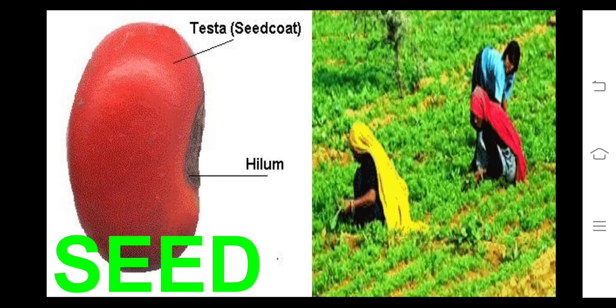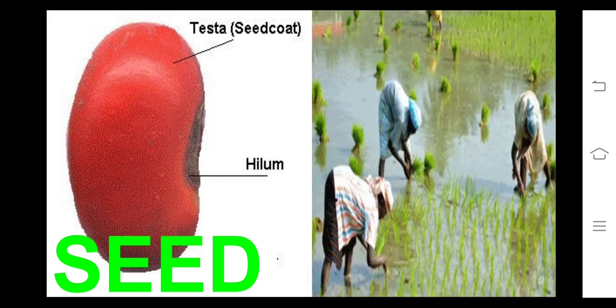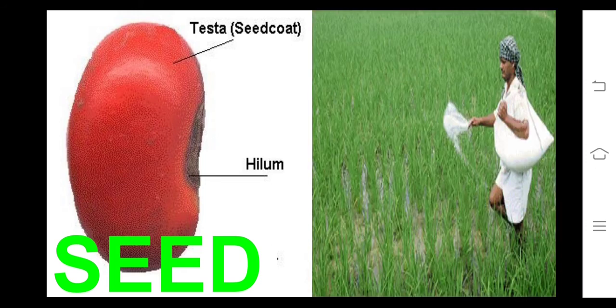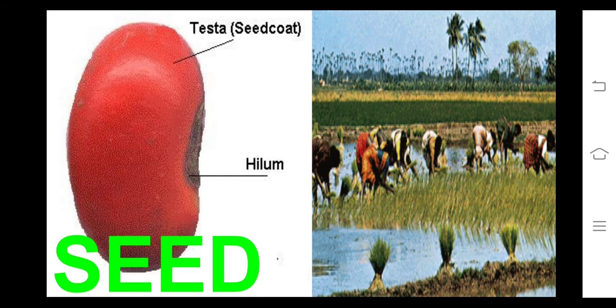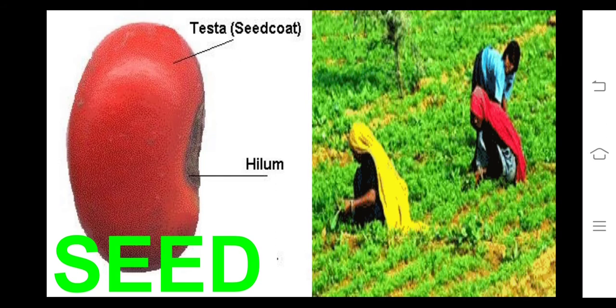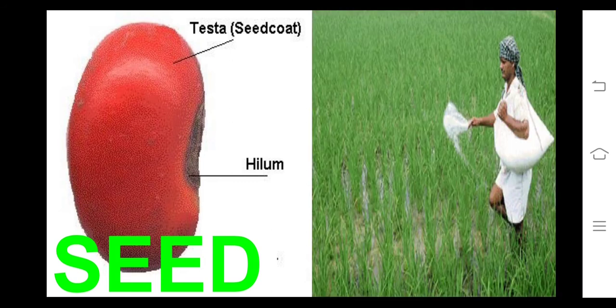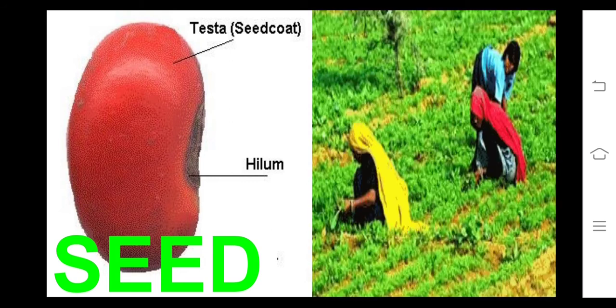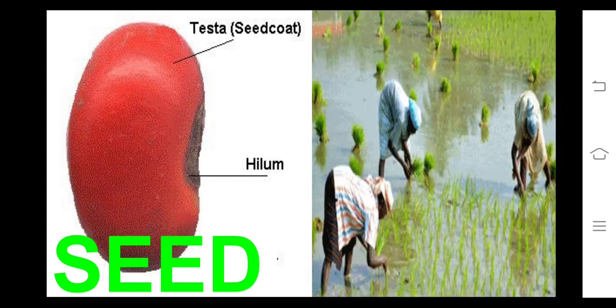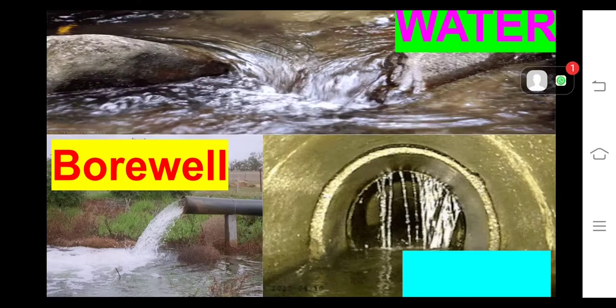Along with all these things, he alone is not doing the work. Many people are supporting him in all this work. Many supporters are needed to continue the agricultural work by the farmer.